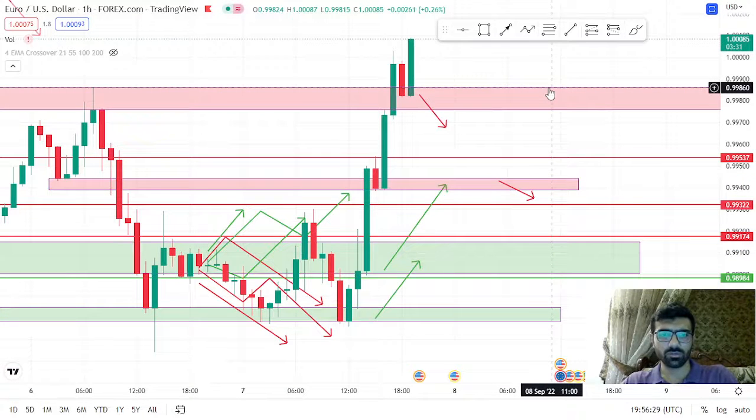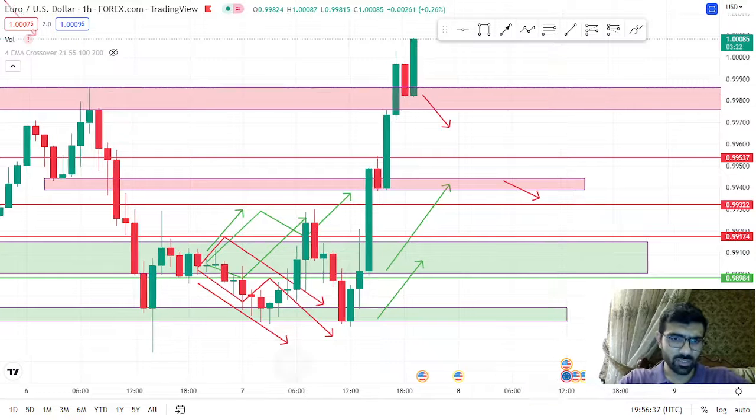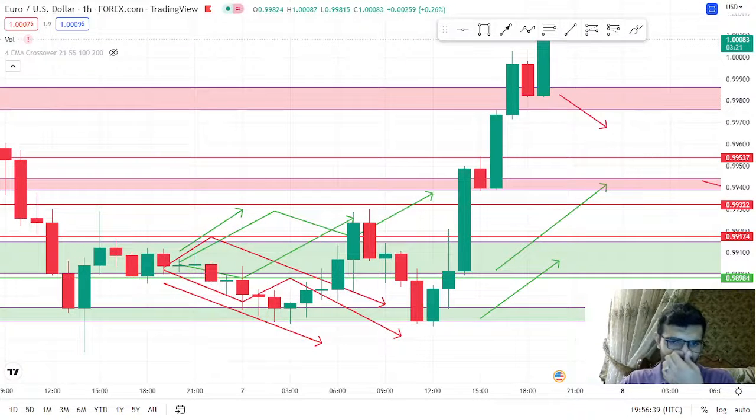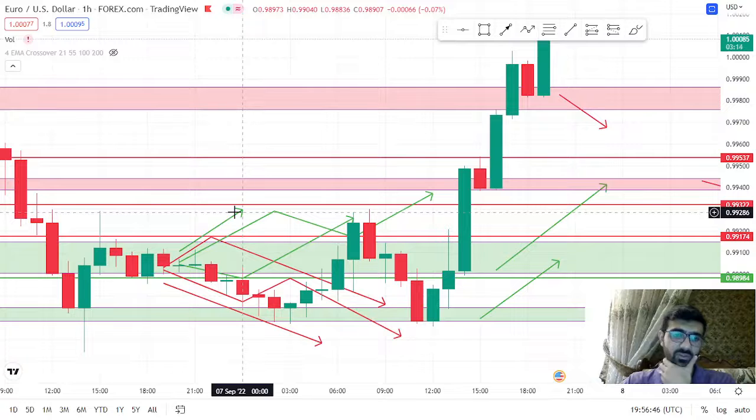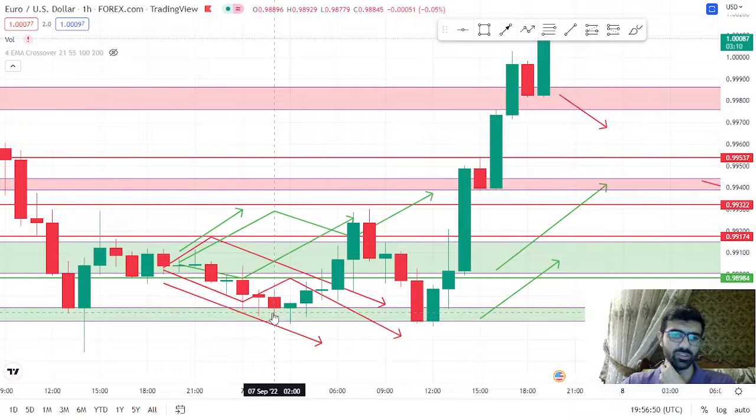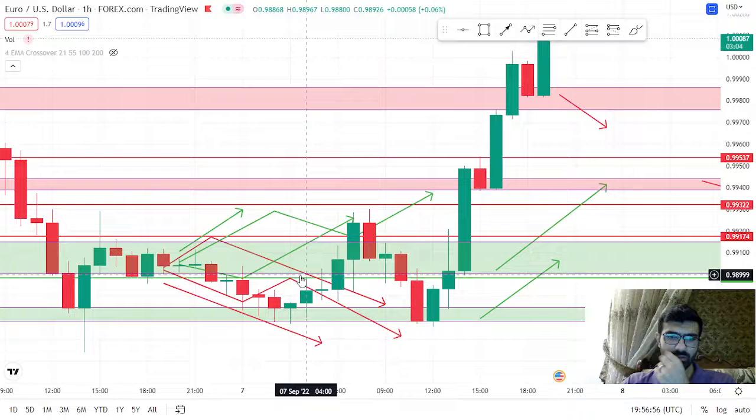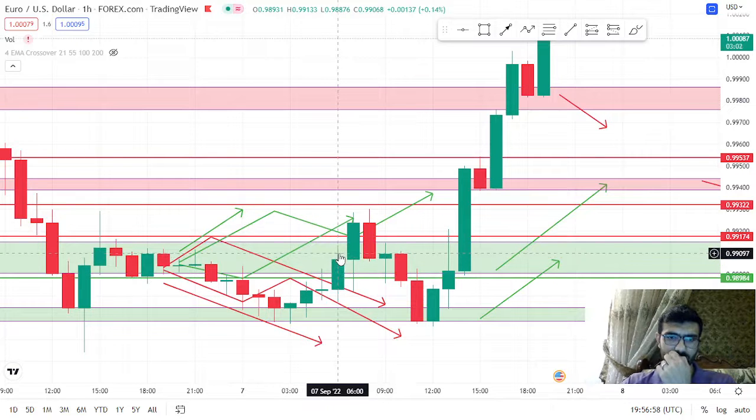So as you guys can clearly see, our given areas have been respected beautifully. So what has happened since yesterday? When we were giving you trades, the market went all the way till this point, and the market did not respect this area, it was above this area.